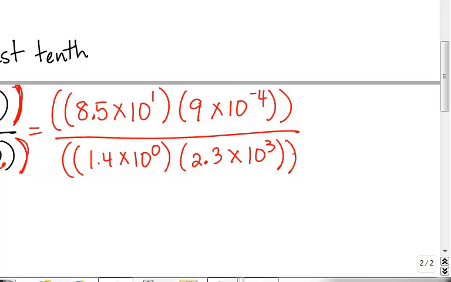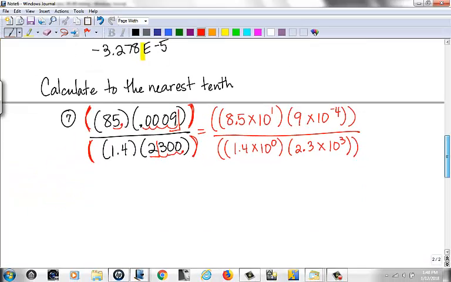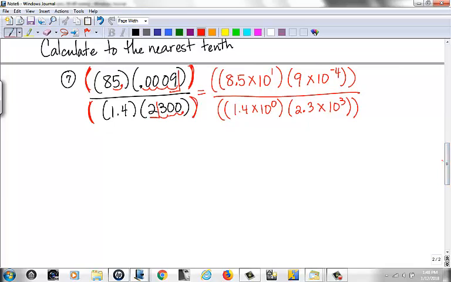Okay, so now let's put that into the calculator. Okay, I'm going to go back to scientific mode. Press enter for that to register. Okay, then you need parentheses, parentheses. And we're going to put in 8.5 and then the e to the first.